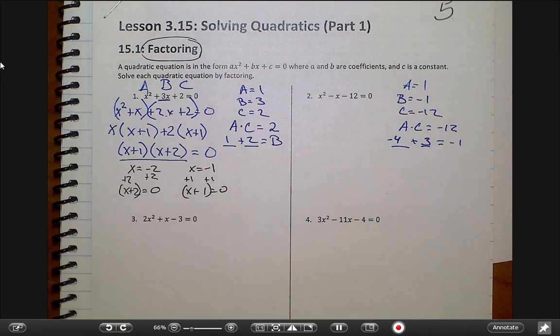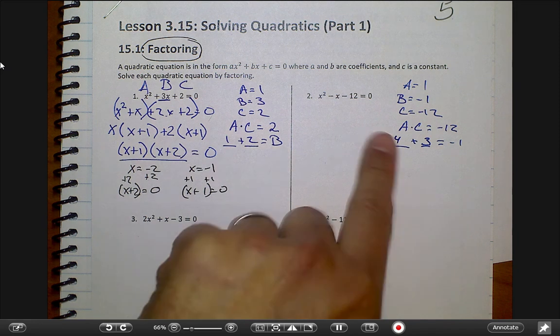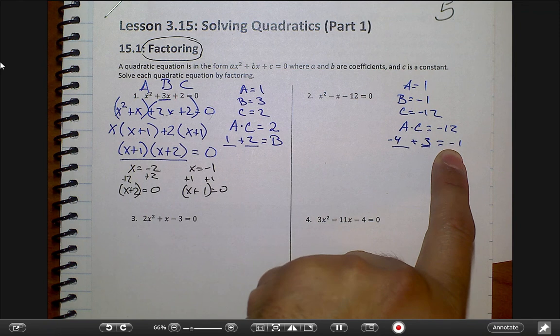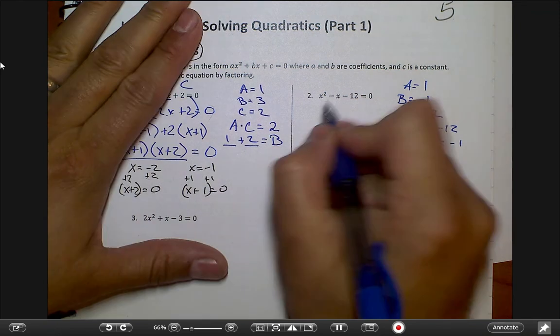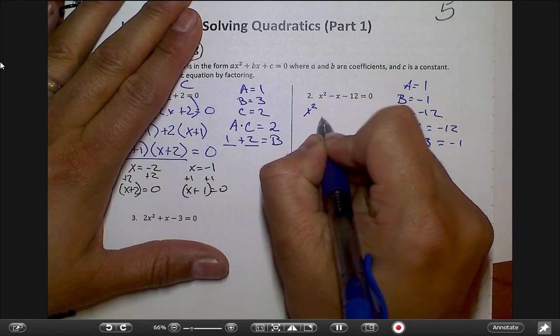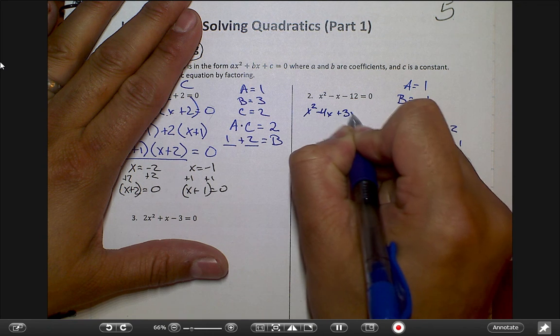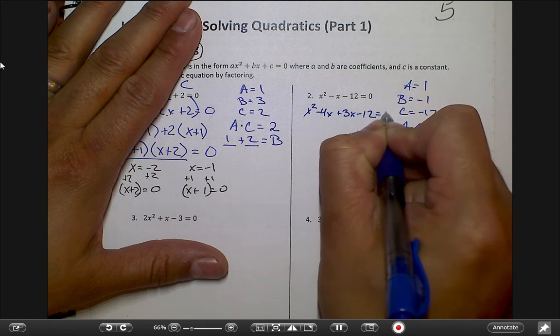Good job. Thank you very much, Anjan. Okay, so negative 4 and positive 3. Those two numbers multiply to be negative 12, but they add together to be negative 1, right? Yes, sir. Let's go ahead and replace that. X squared minus 4x plus 3x minus 12 equals 0.